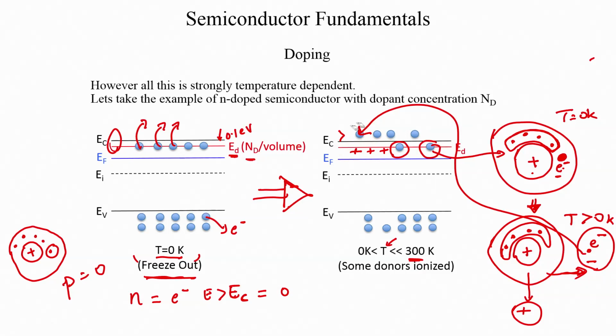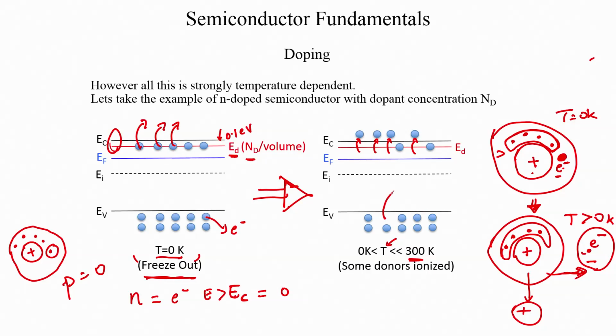So, that is the case at T equal to some temperature greater than 0 Kelvin, but less than 300. And since the temperature is still much less than 300, you do have quite a few of these donors that are ionized, but most of the electrons in the valence band are still stuck to the valence band.